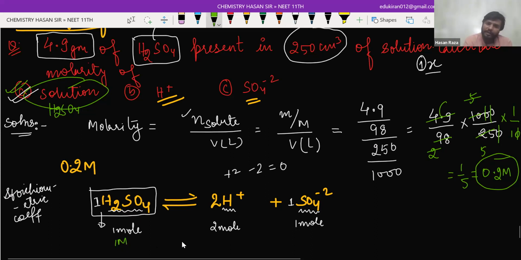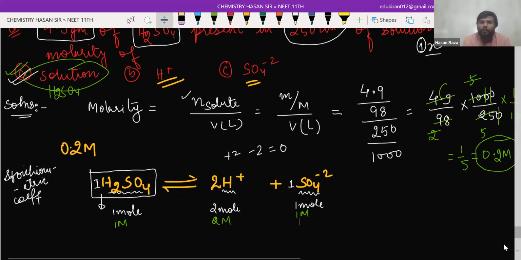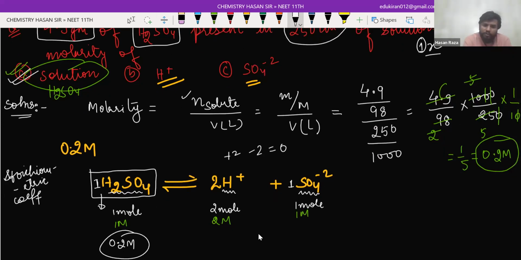So 1 molarity of H2SO4 will give 2 molarity of H+ and 1 molarity of SO4 minus 2. But how much molarity of H2SO4 do we have? We have 0.2 M of H2SO4, which we just calculated.